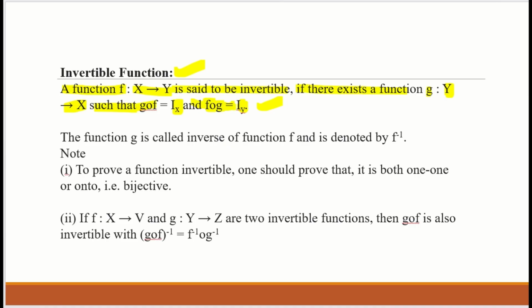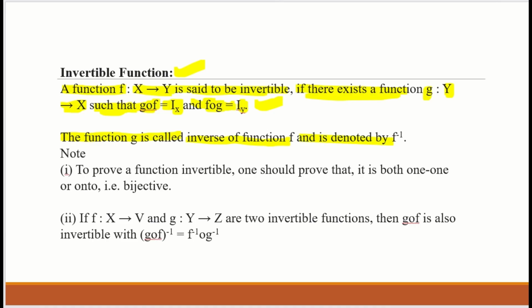A function f from x to y is said to be invertible if there exists a function g defined from y to x such that g composite f is equal to Ix and f composite g is equal to Iy. Be careful, the function g is called the inverse of function f and is denoted by f inverse.